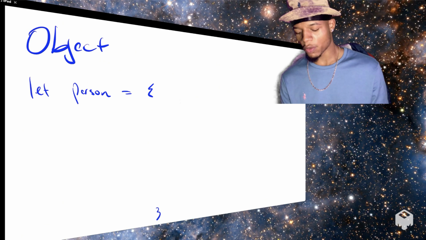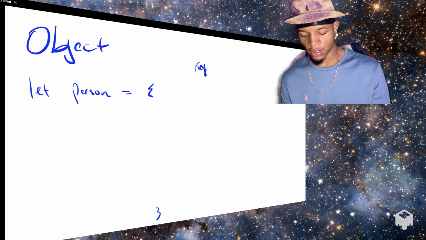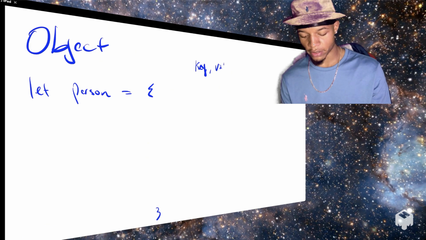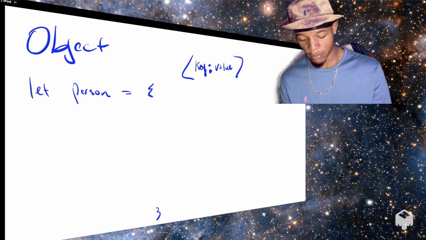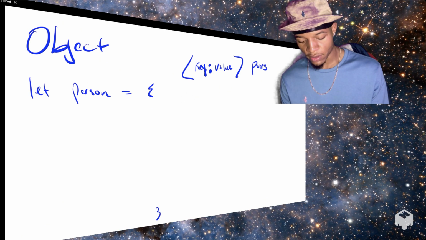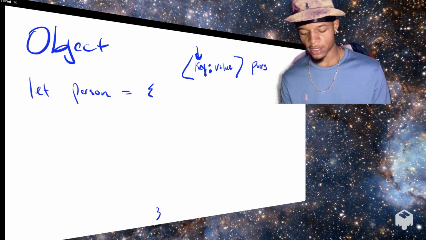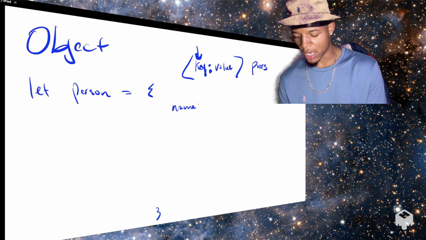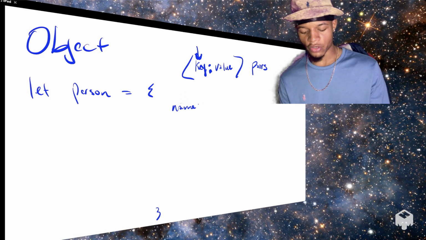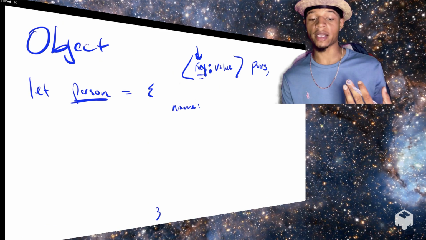And so what we would do is start giving it what is called key value pairs. Key value pairs. And so the key is typically something like name, something that describes the object. So you'll have a whole bunch of keys, and they're all separated by commas, right?